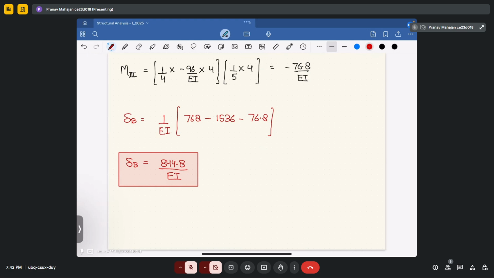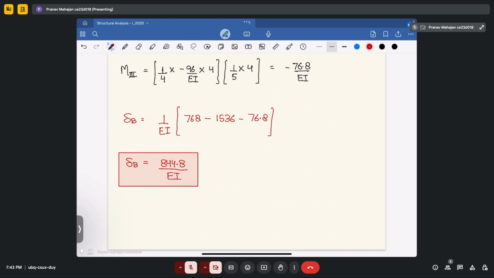So in this session, we have tried to determine the value of slope and deflection at a point in beams using the moment area method. What is the moment area method? It is based upon two theorems. The first theorem tells you that the slope between two points is equal to the area of the bending moment diagram between those two points divided by EI.